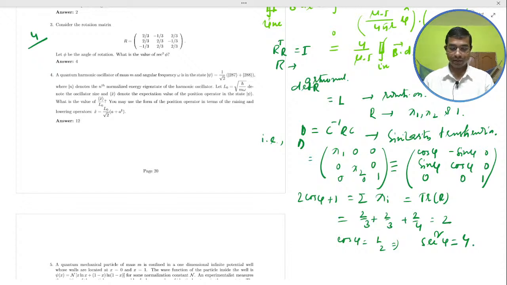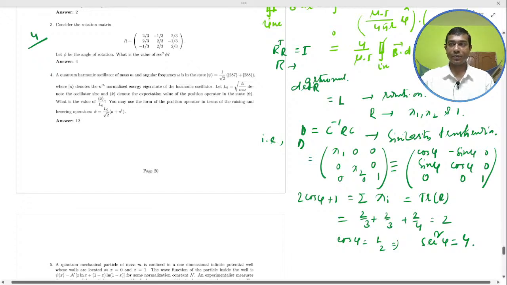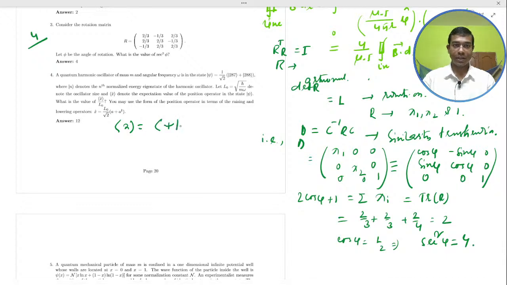This is basically quantum mechanics. I hint you, you solve yourself. First psi is given here. So let us check the expectation of x, just calculate, simple question, psi x psi.